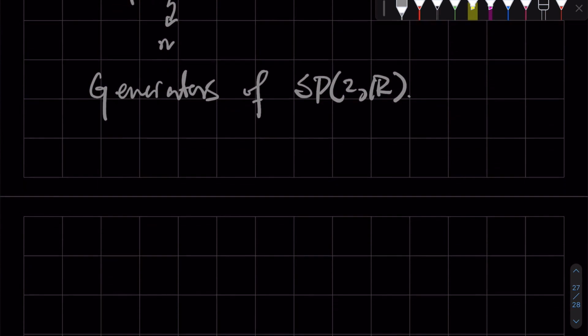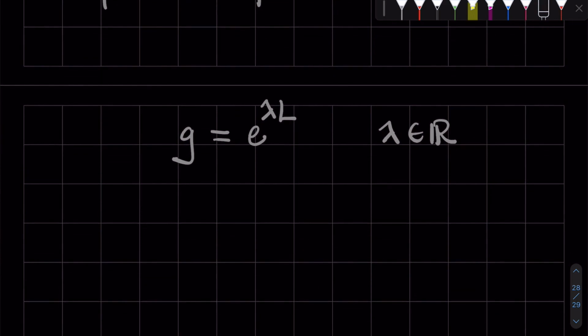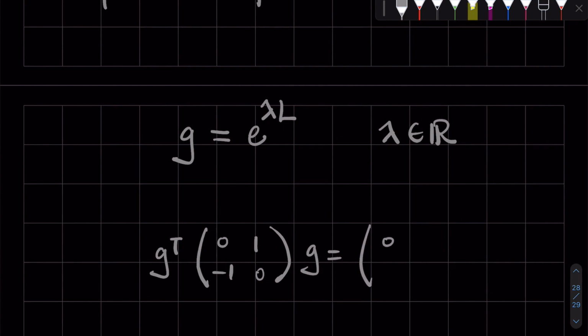So the generators of Sp(2,R). To find them, let's represent an element of Sp(2,R) by exponential of lambda L, where lambda is a real number and L is some matrix. Then we take the equation that G has to satisfy: G transpose times [0, 1; -1, 0] times G is equal to [0, 1; -1, 0].